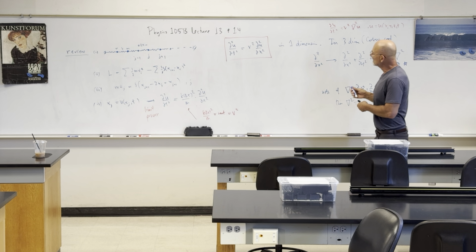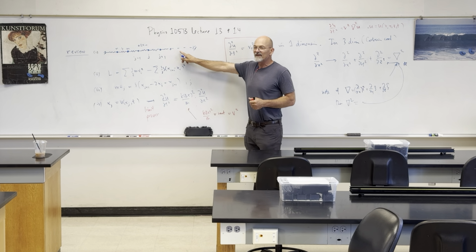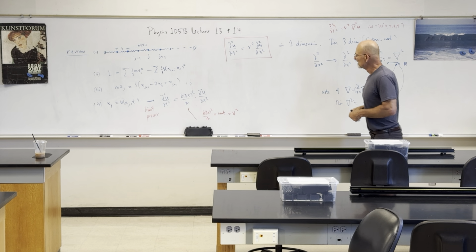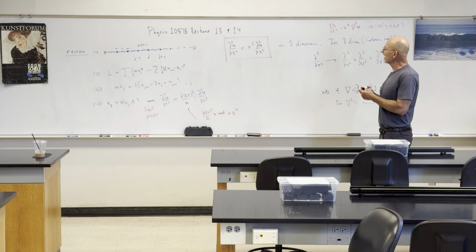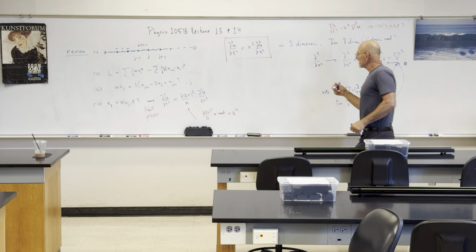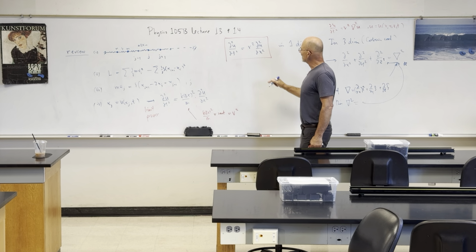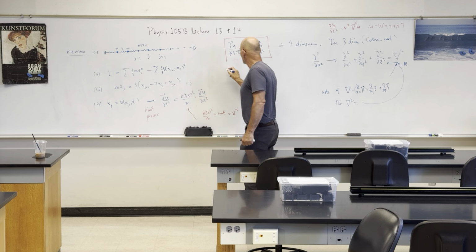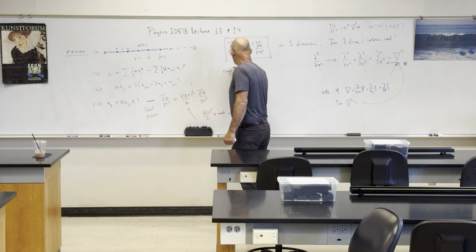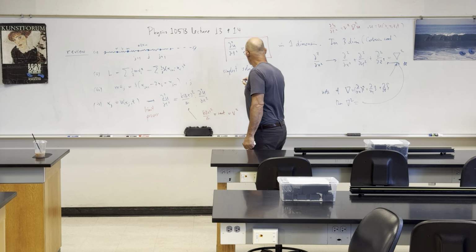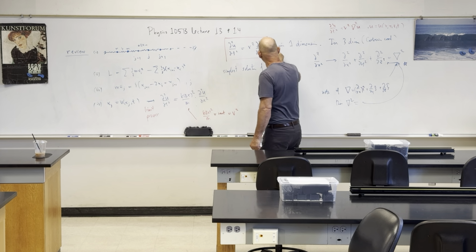So what does this tell us about, after all, we have this object right here, that chain of masses on rings. What does a solution to this look like? Here's the simplest solution of our wave equation.